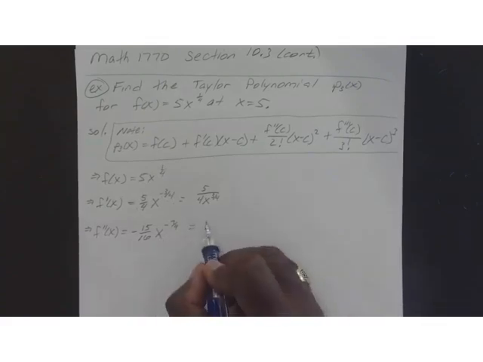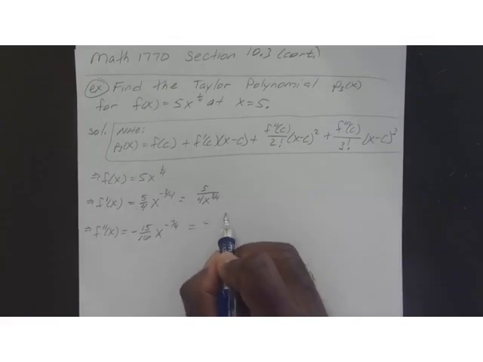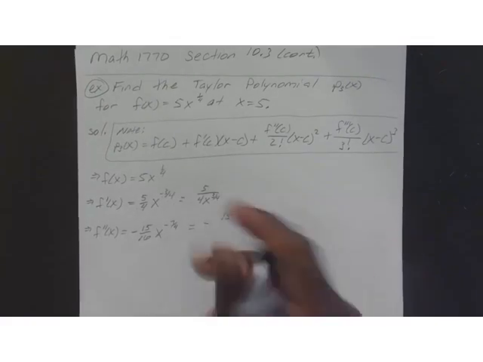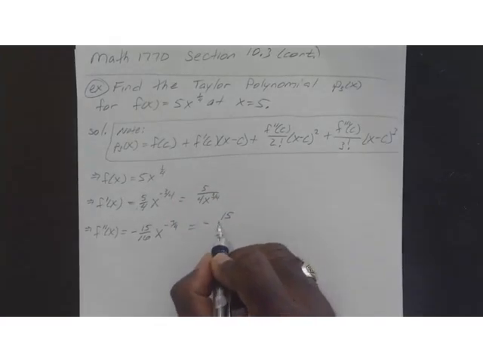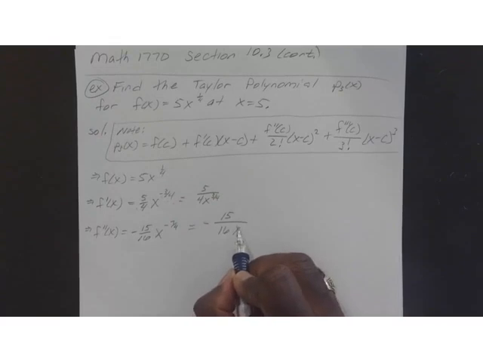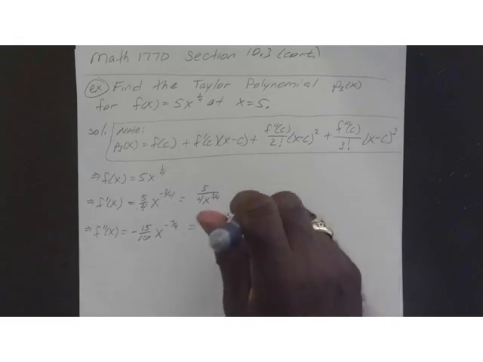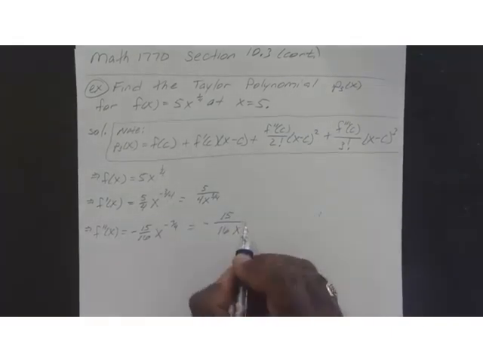Where you can rewrite that as negative 15 divided by 16 times x to the 7/4 power.